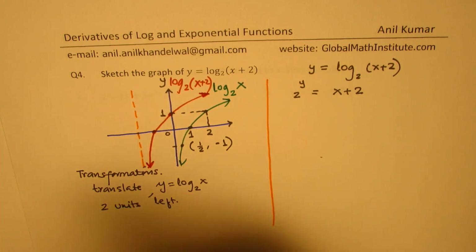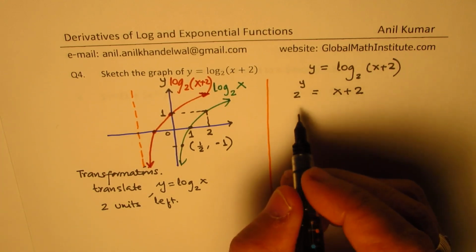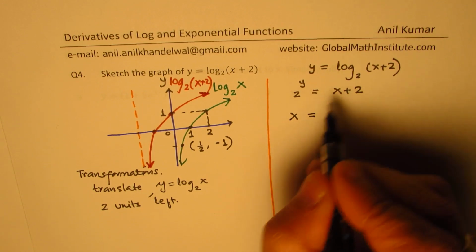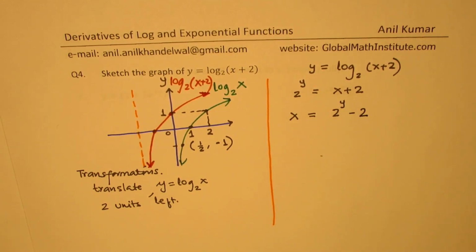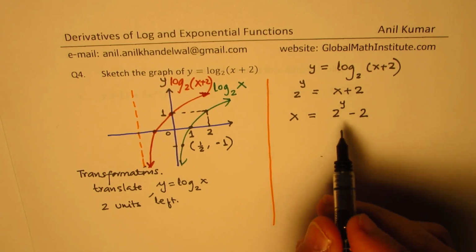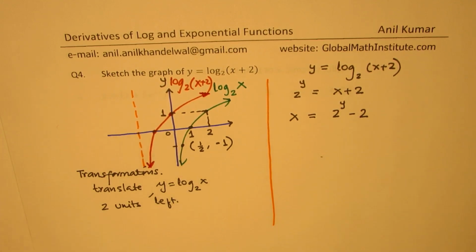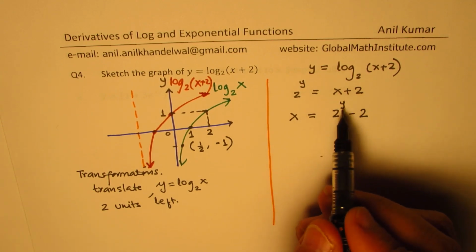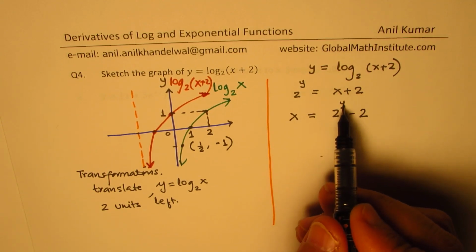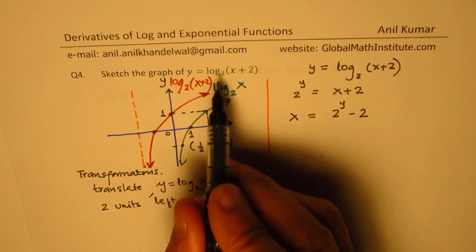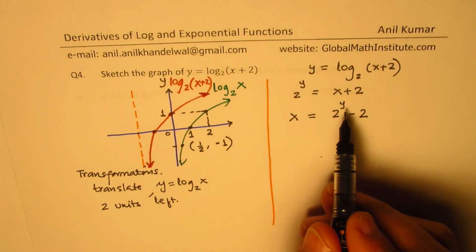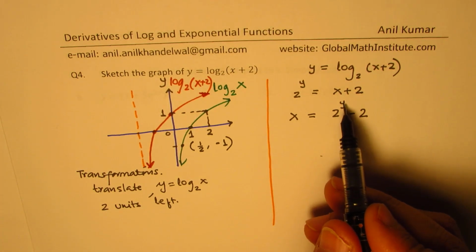So x is equal to 2 to the power of y minus 2. From here, we can get a set of points. Good values to substitute for y are 0, -1, and 1.